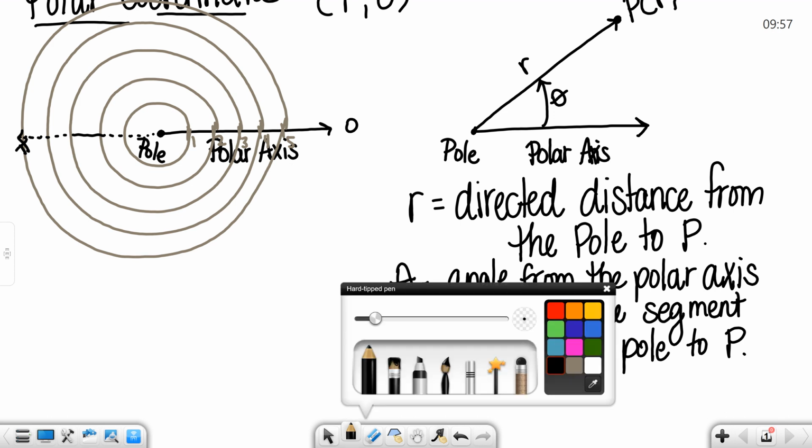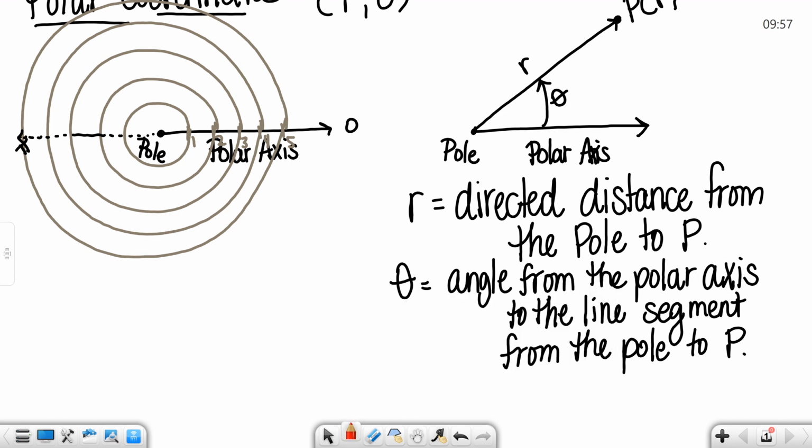Now I'm going to put one on the actual polar coordinate system that I have drawn over here.